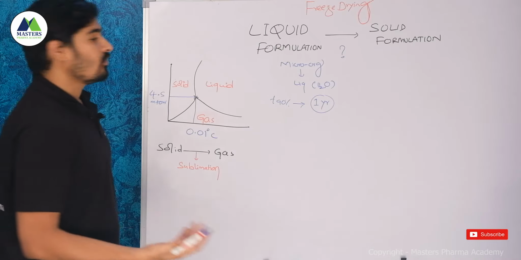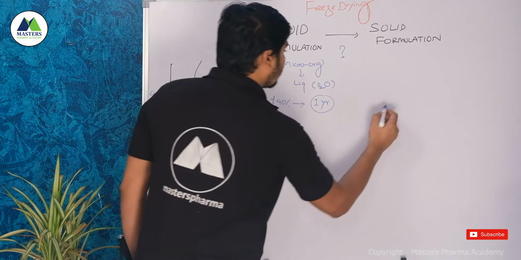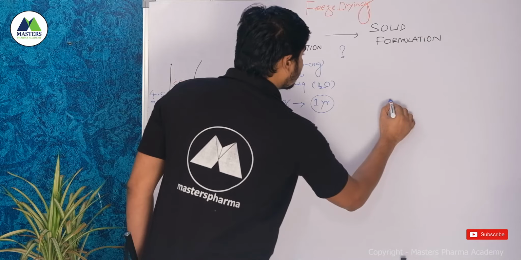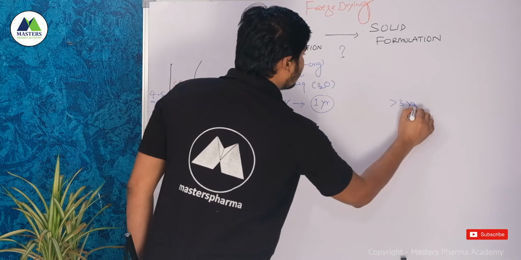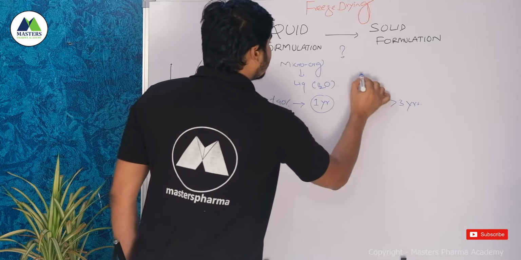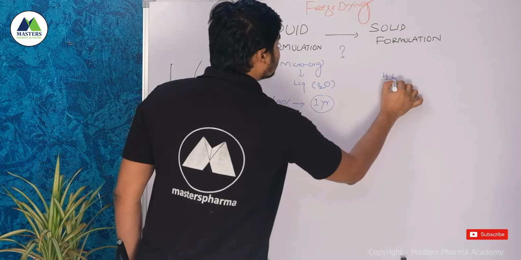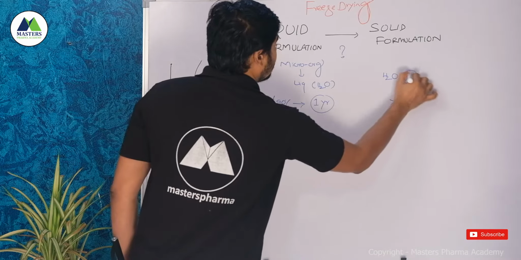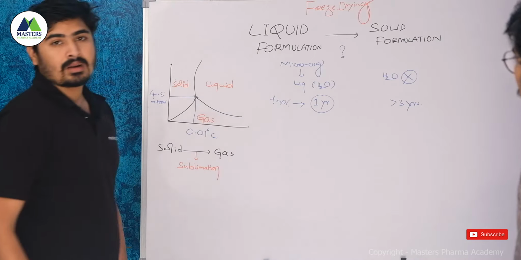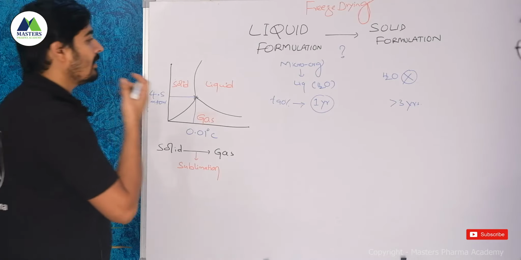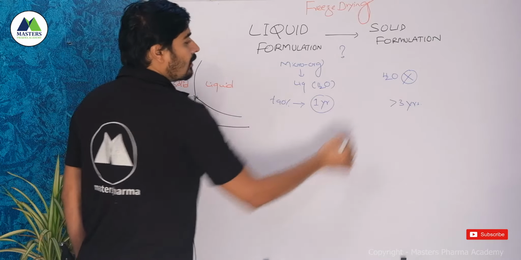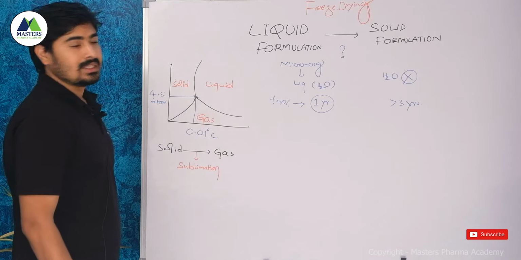To improve the shelf life to more than 1 year, for example, the solid formulation has more than 3 years of shelf life, because water is not present in the solid formulation. So microorganism growth will mostly not take place, and hydrolysis is also mostly not possible in this solid formulation.